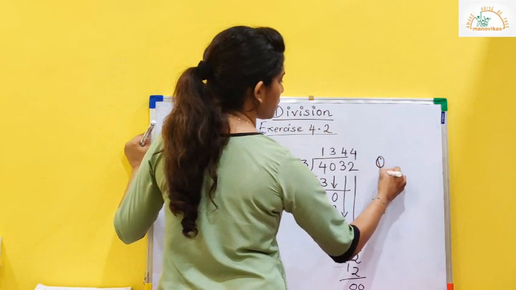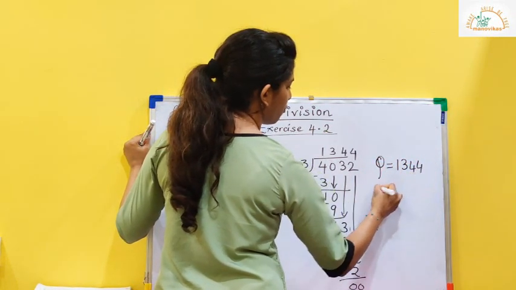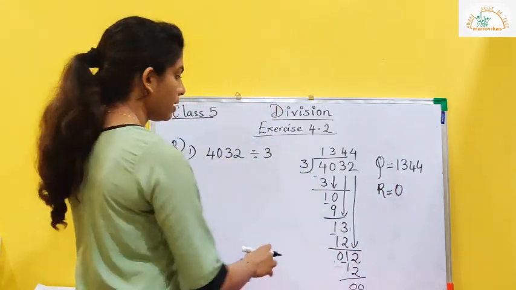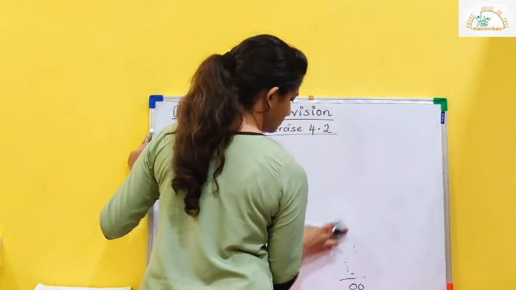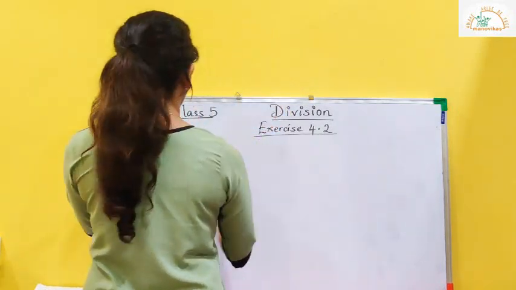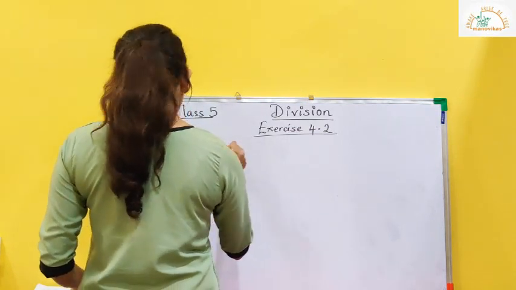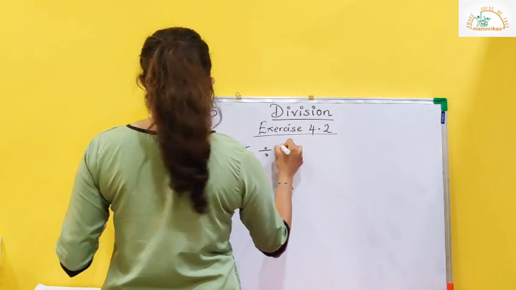So here quotient is 1344. Remainder is 0. Let's solve the second one. 3945 divided by 5.